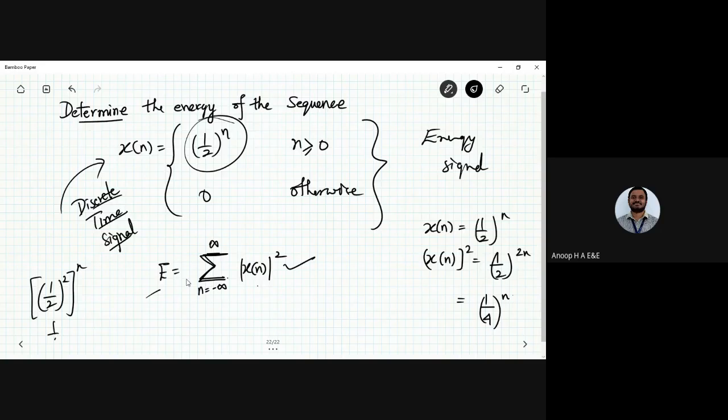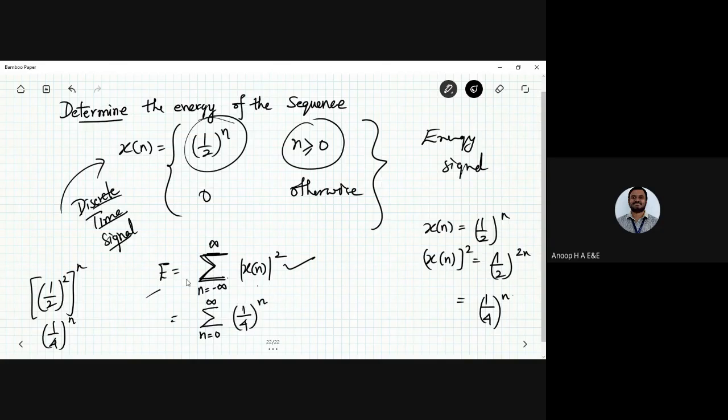So that would be 1 by 4 whole raised to the power n. Now what do I need to observe here? The value of n. So I can change the limits to n equals 0 to infinity, so that would be 1 by 4 to the power n.